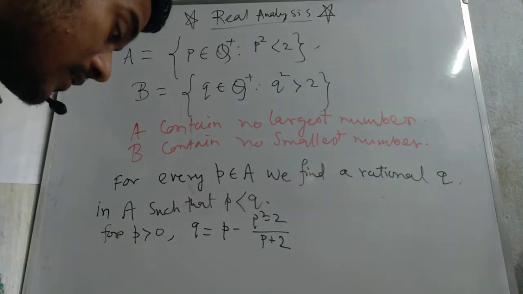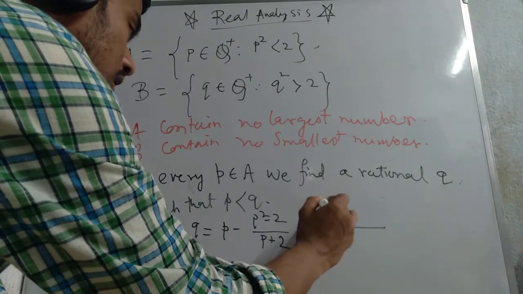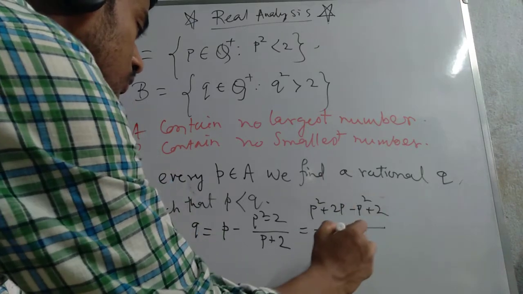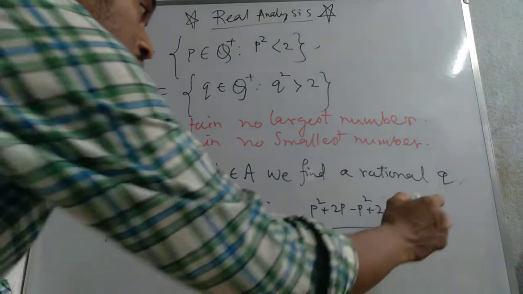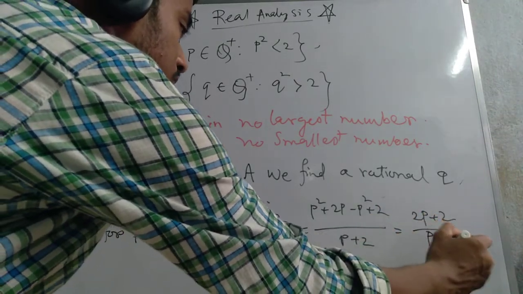Then this represents (p square plus 2p minus p square plus 2) by (p plus 2). This implies (2p plus 2) by (p plus 2).